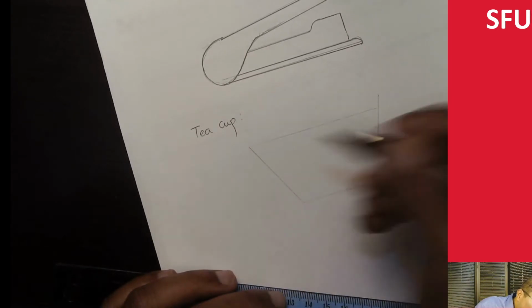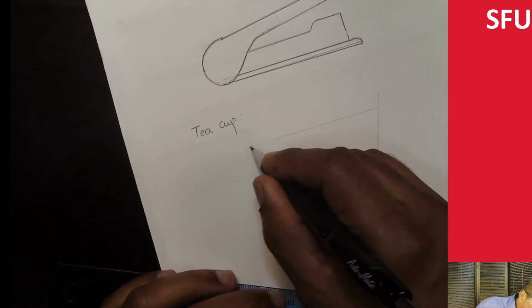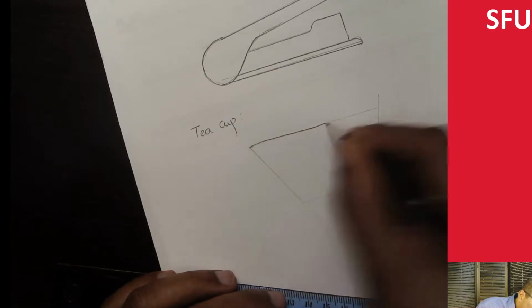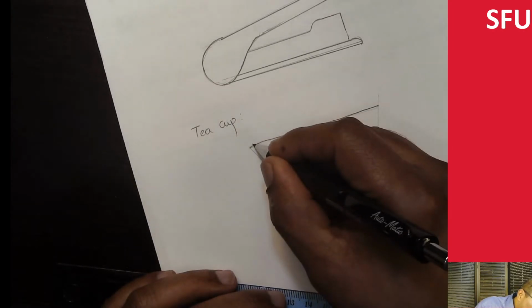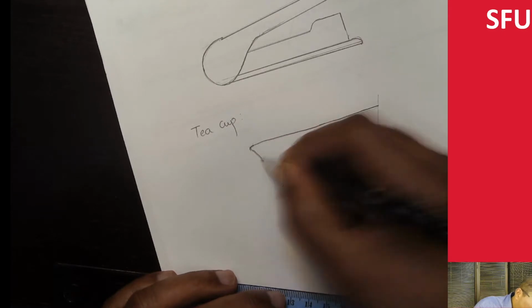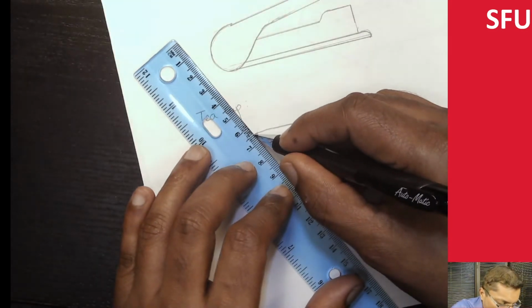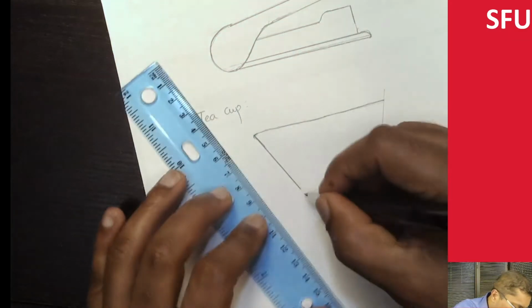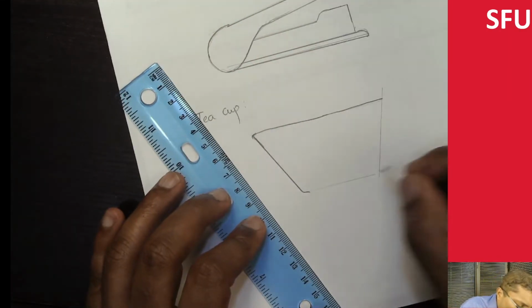And then I'm going to maybe do a freehand, and then this part is probably curved a bit, and then this part I would need straight. The bottom is curved just a little bit, like so.